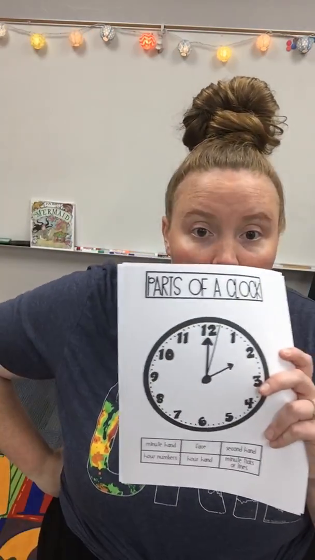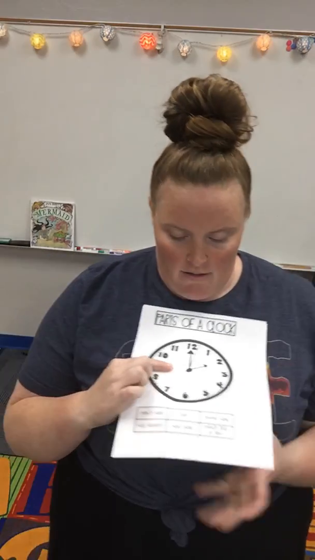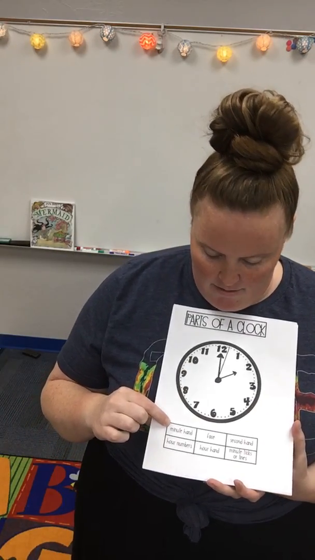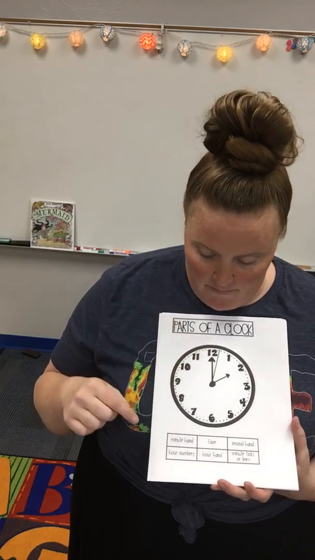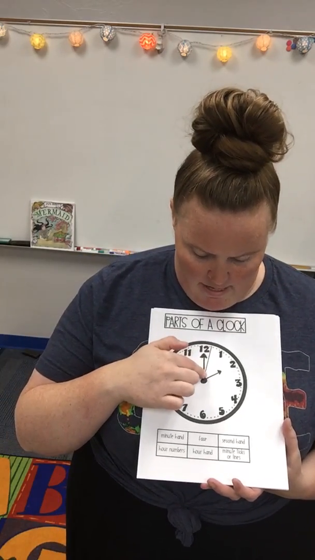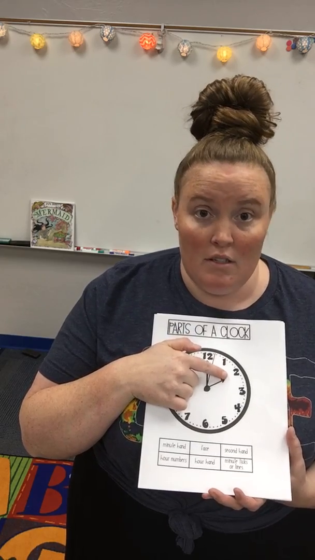So you'll cut these out and you're going to glue them where they go on the parts of the clock. So we talked. This is the face. Let's see what else. We got minute hand. This long one right here is the minute hand. Second hand. The second hand is the real skinny one that goes all the way to the edge. It constantly moves. Always moving. 1, 2. Okay?